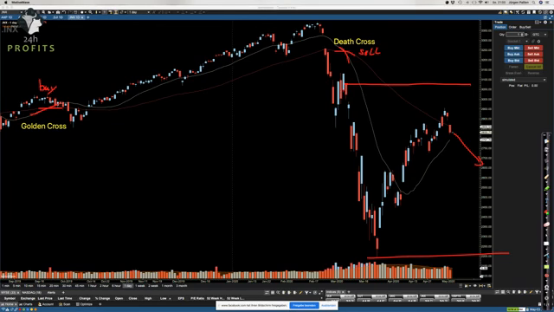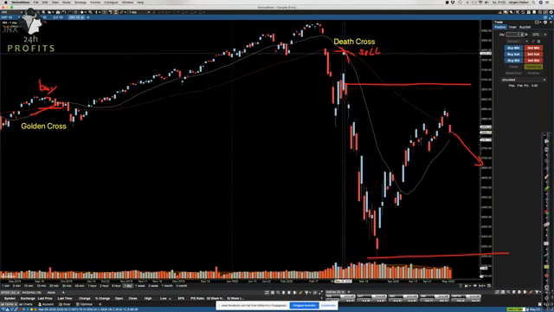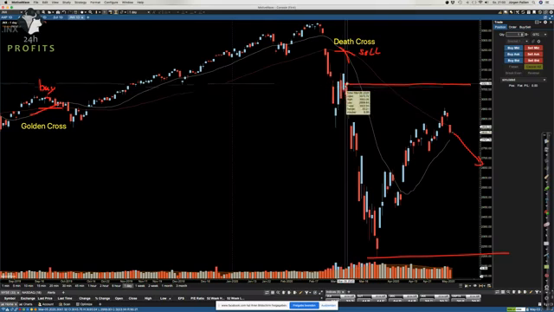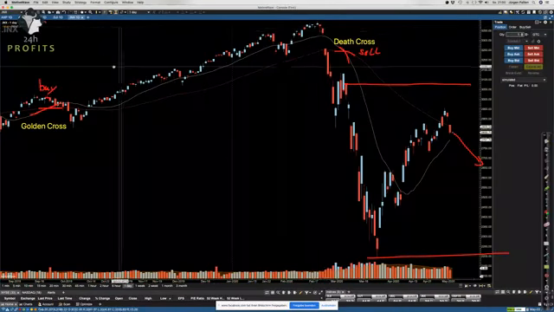Very similar here. If you bought it, that would have been roughly here at 3005, and here we have the crossing, and you would have gone short probably here at 3074. So that's like 40 points for all the time you held it.